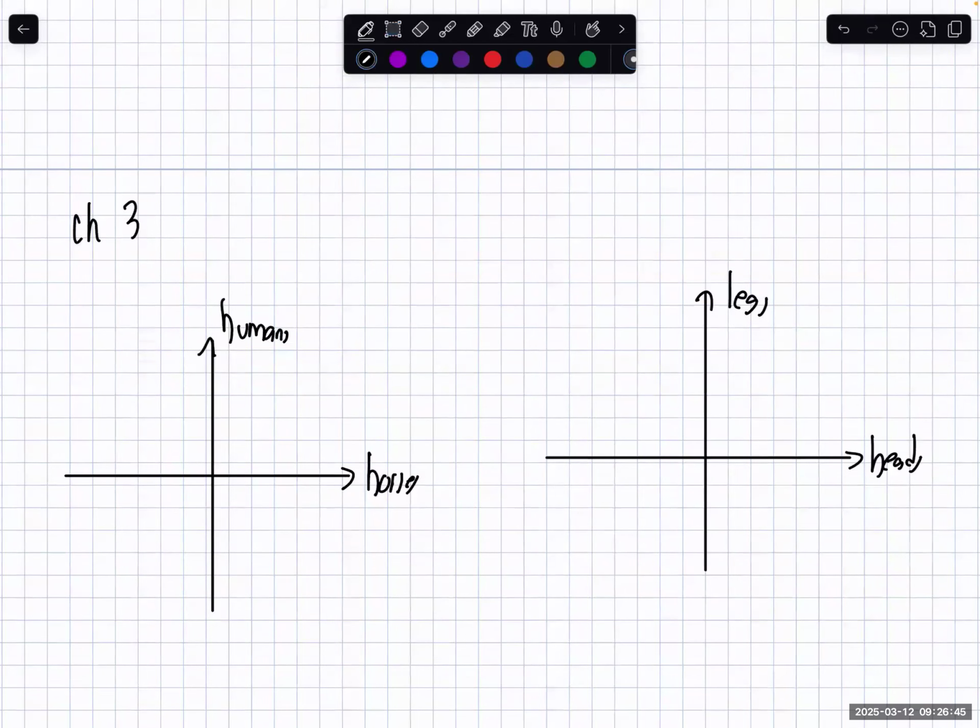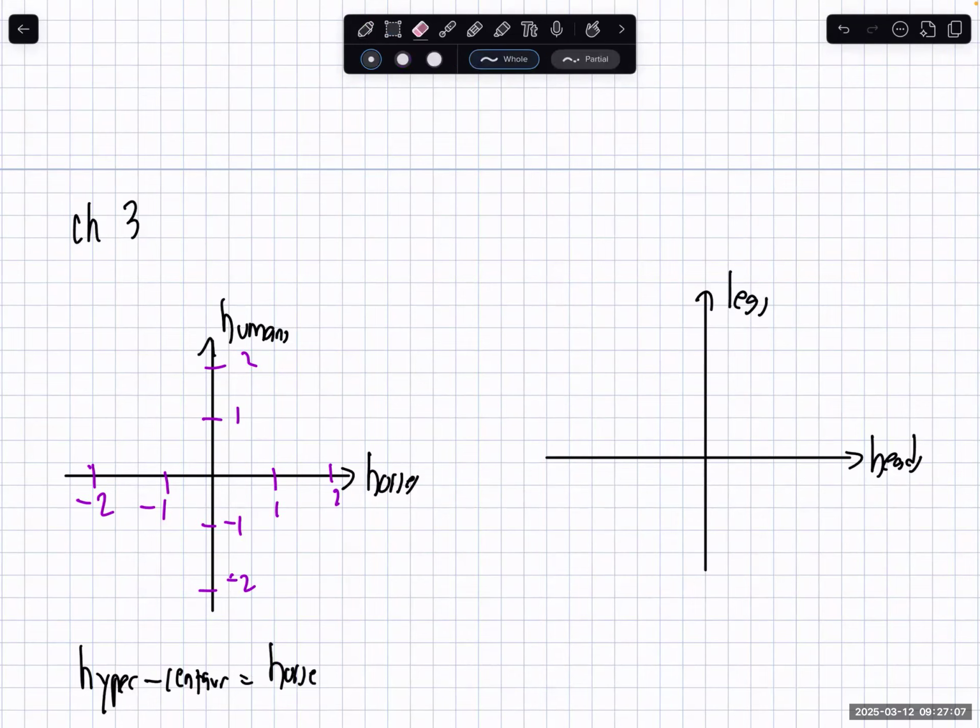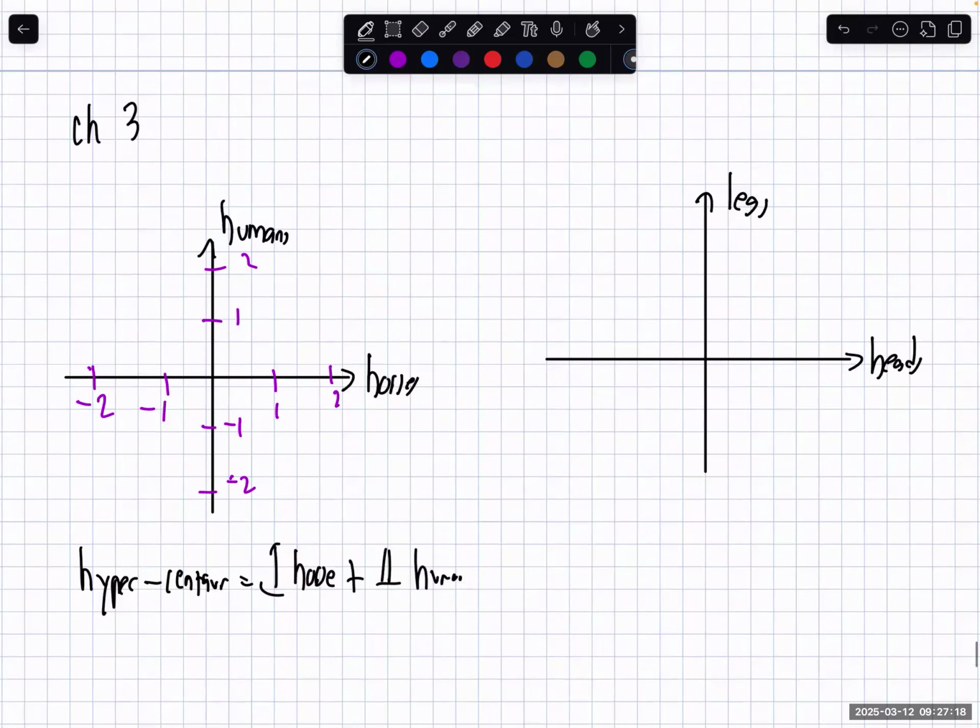But this time, I'll actually be a little bit more careful. We can decorate this. But now that hypercentaur, which remember was, let me write it slightly differently, one horse plus one human. So here's the hypercentaur vector.